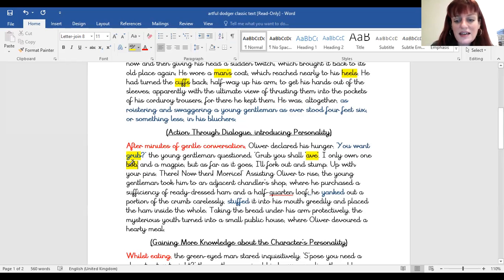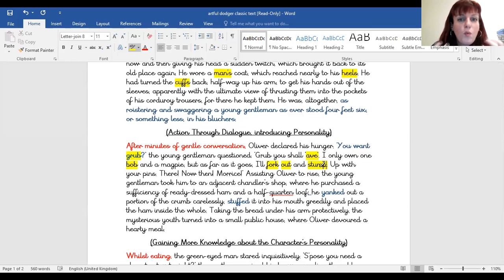Again a bit of slang, and it just sort of shows us his character, that he uses all these slang terms and talks in that kind of very relaxed, confident way. About forking out, or fork out and stump up, which is Cockney rhyming slang for like pay up. Okay, so the fact is he talks in this slang type way all the time.